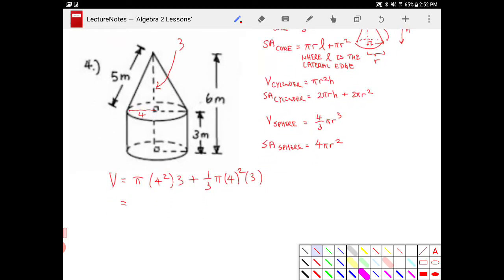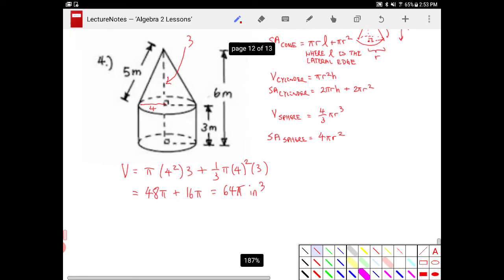To simplify, 16 times 3 is 48, so it's 48 pi plus 16 pi. This leaves me with 64 pi inches cubed. That's the volume of this thing.